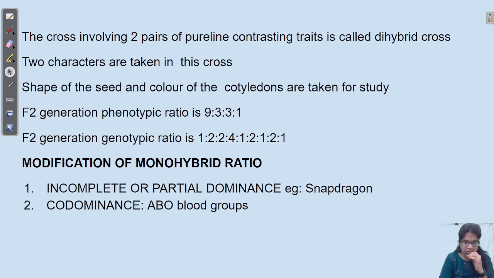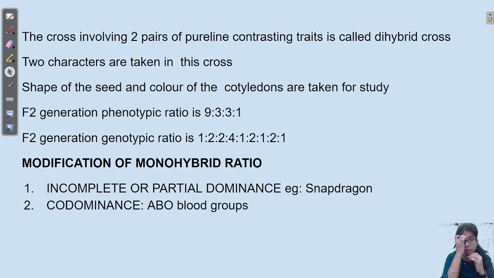And codominance, yes, this is very important because blood grouping is something you should get to know: what are positive blood groups, and how the cross happens, because you can even decide the progeny's blood group from the parents' blood groups. In the next class I will explain in detail, showing pictures also.